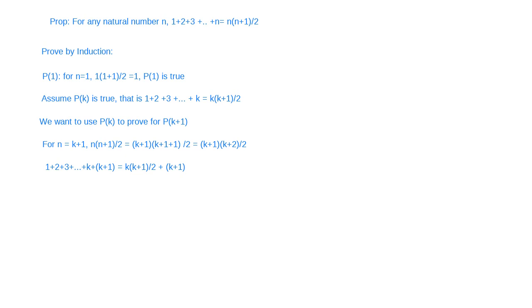So this left-hand side, I'm adding up 1 up to k plus 1. And I know by assumption P of k, 1 adds up to k, is k times k plus 1 divided by 2. Now I'm adding the k plus 1 term to it. Well, let's simplify this.